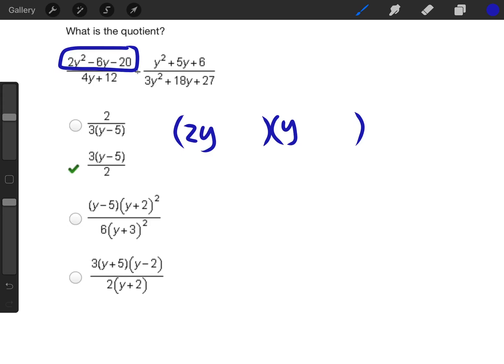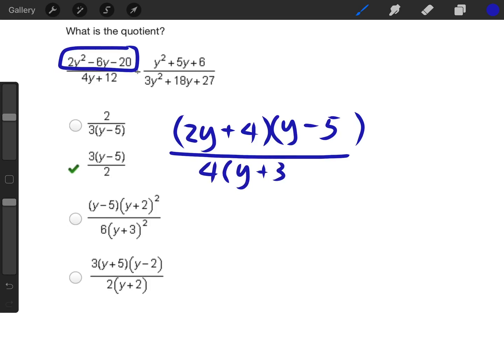So let's see, 5, 10, 4. Okay, so you're going to use minus 5 here, plus 4 over here. Okay, and then factor out the 4, so it's going to be 4 times y plus 3.